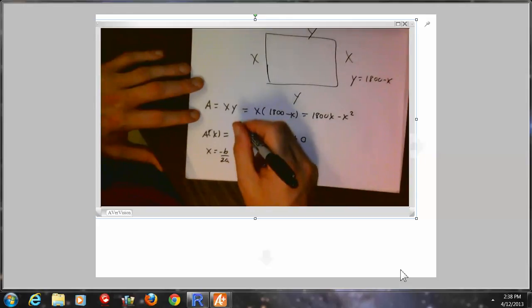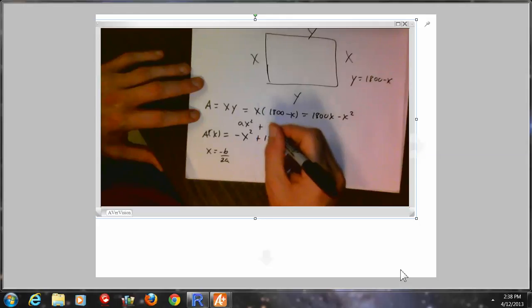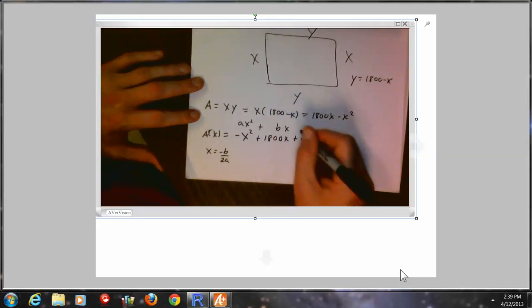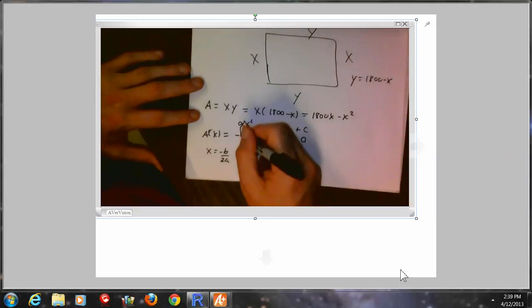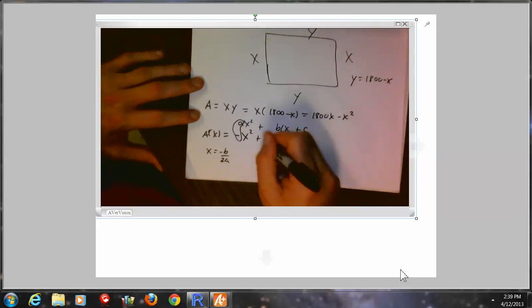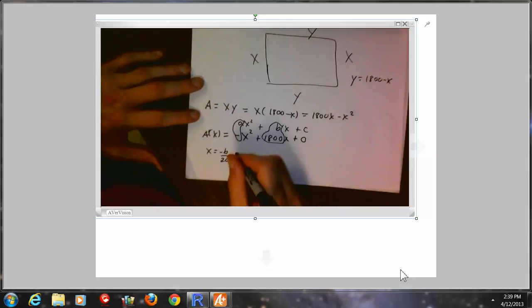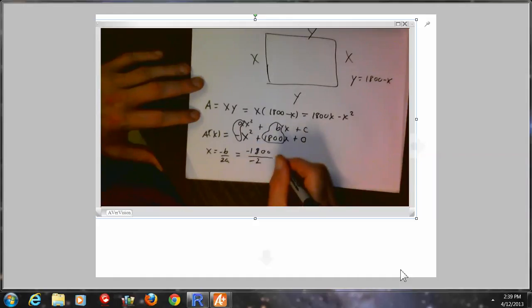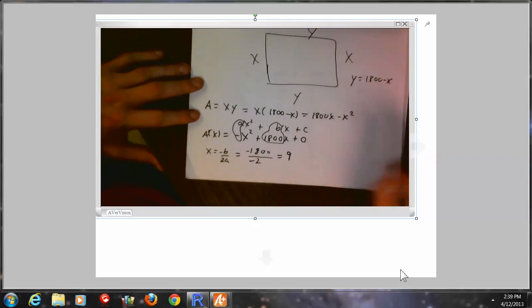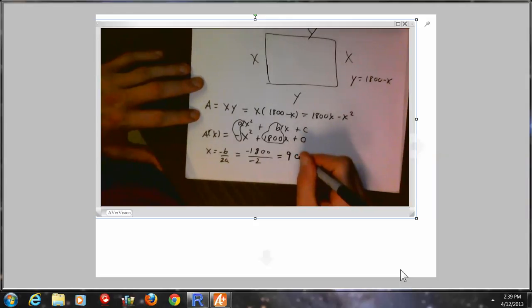The general form is ax squared plus bx plus c. So we know a is equal to negative 1, and b is 1,800. So this is negative 1,800 divided by negative 2, which is equal to 900.